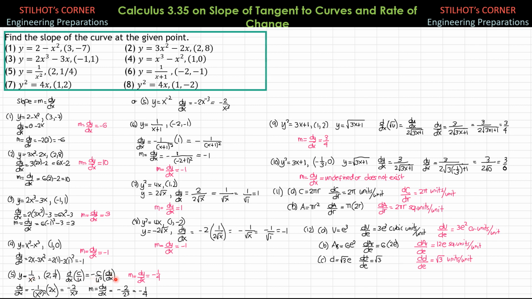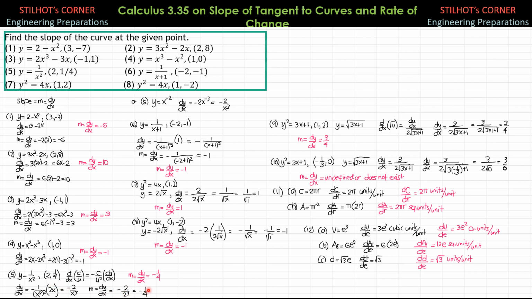So we have negative 1 over u, which is x squared quantity squared, times du/dx, which is 2x. So it becomes negative 2 over x cubed. If you simplify, negative 2x over x to the fourth, so negative 2 over x cubed. The slope, therefore, which is dy/dx, is negative 2 over x cubed, and x1 is 2.